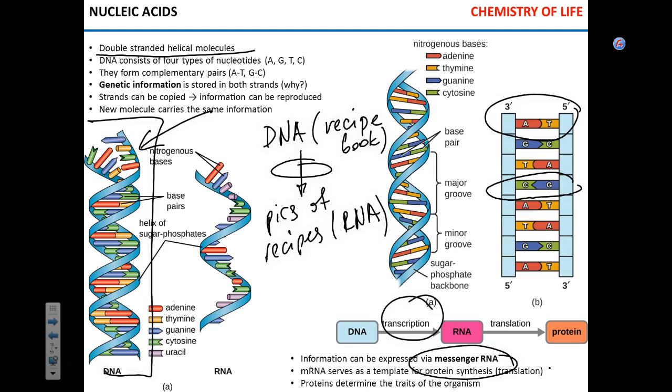You really need to cook. So use these recipes to make meals. And that's protein. Because in the end, what you put on the table is food, not the recipe. Make sense?